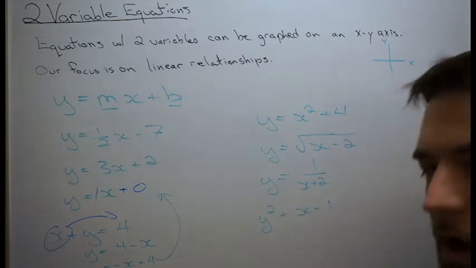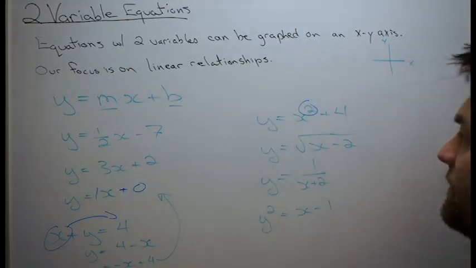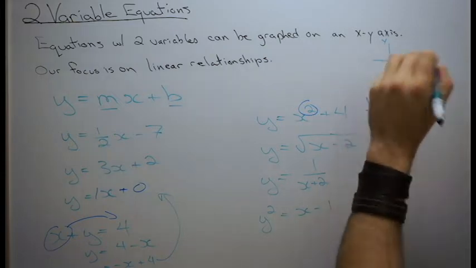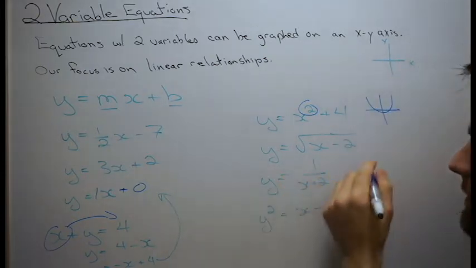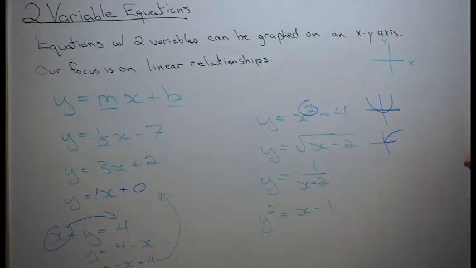So all these would not be linear relations because this is a squared on the x, so what actually happens, the graph's going to look something like that. With the y equals root x, you're going to get a graph that looks something like that. With the y equals 1 over x, you're going to get a graph that looks something like that.